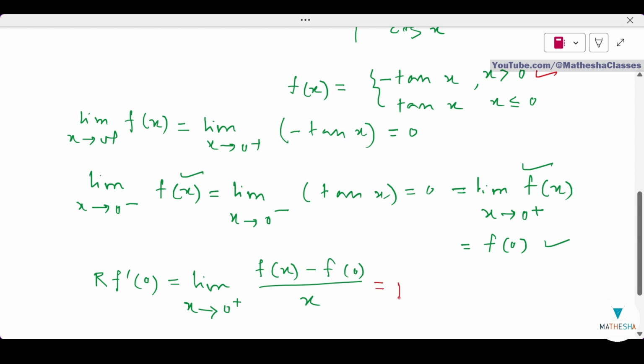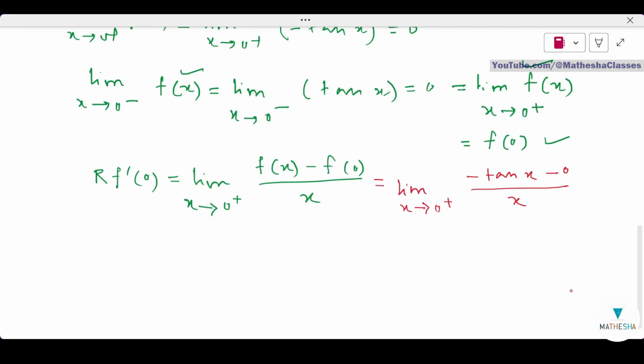So that will turn out to be limit x tends to 0 plus of minus tan x, f(0) means 0, by x. So that is limit x tends to 0 plus. We'll take minus out. This will be tan x by x. So it is of the form 0 by 0.